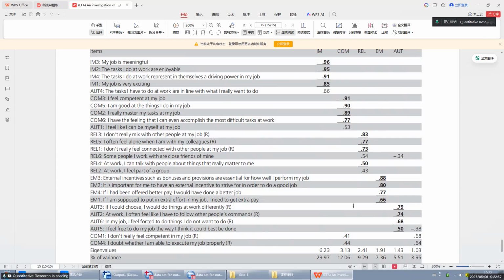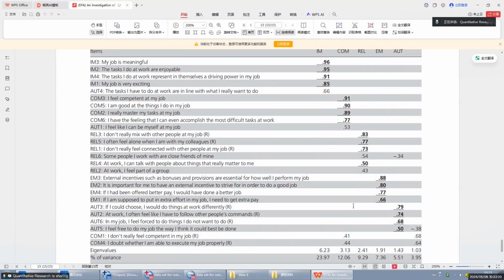Yeah, that's the reason. And also, you can see COM1 and COM4. They also load on a factor not included in our data analysis, right? So they are also removed from the data. Okay, so now you may understand every detail of the factor analysis, right?